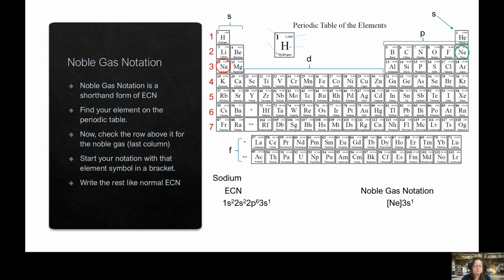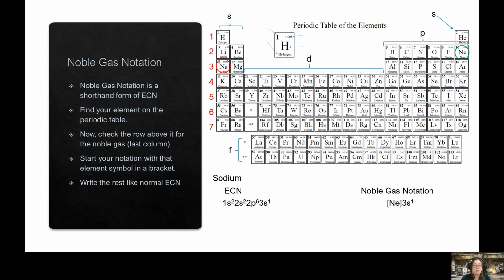So for sodium, the electron configuration notation is 1s2, 2s2, 2p6, 3s1.